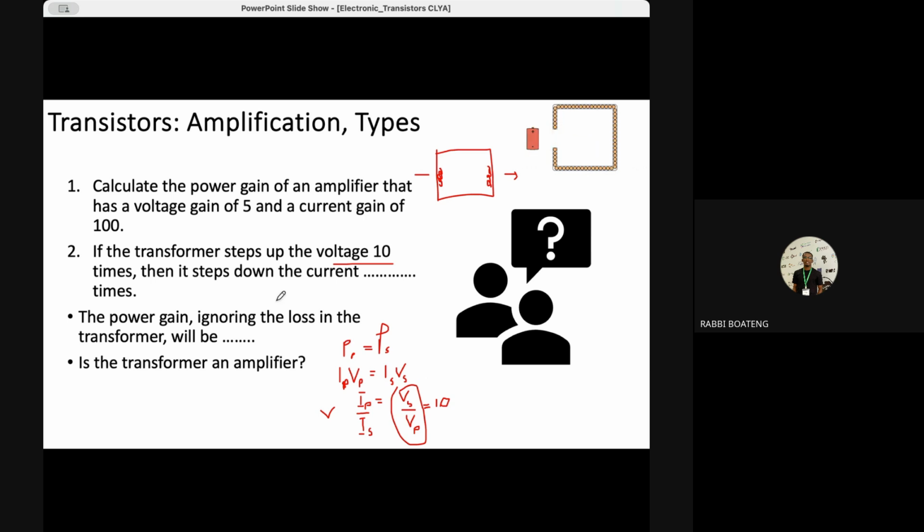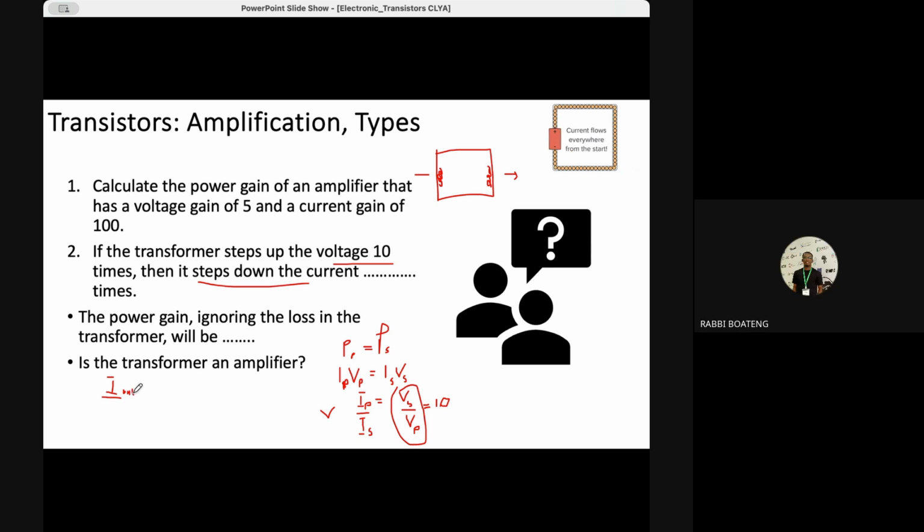But the question is also interested in our step down current. If you want to know the step down current, we have to do a division. If we are calculating the amplification, we are looking for the gain. It's always the output over the input.